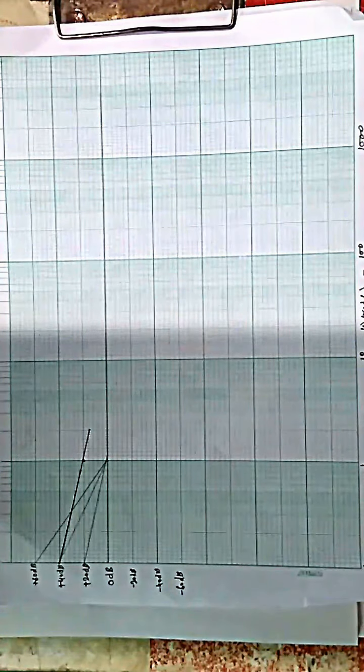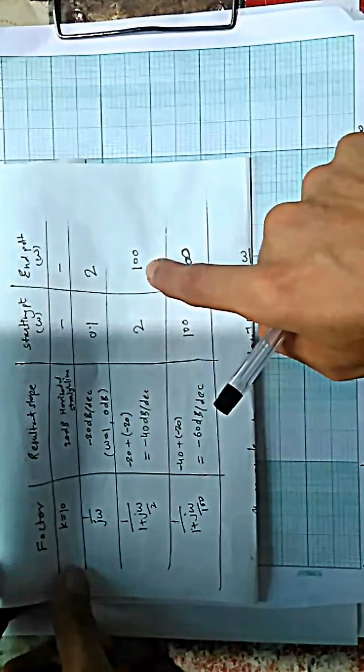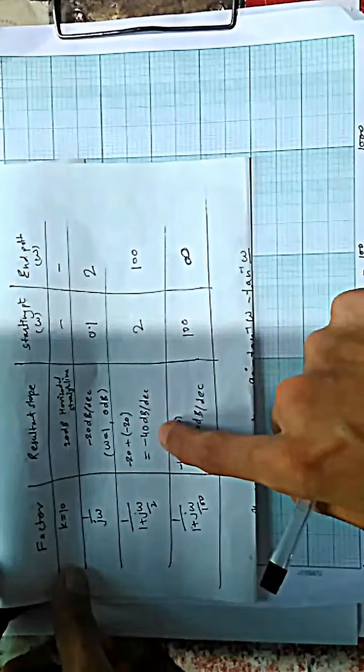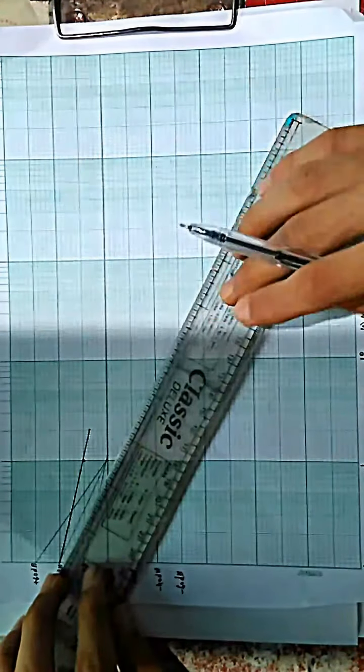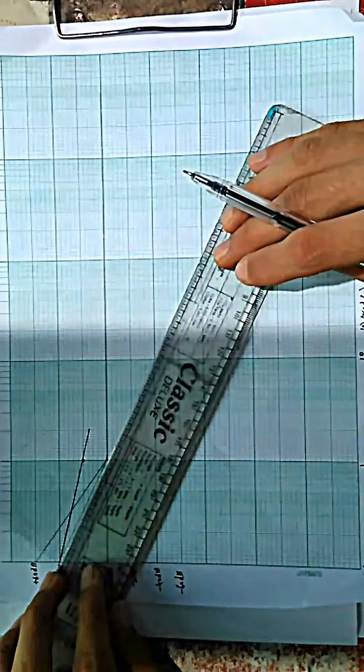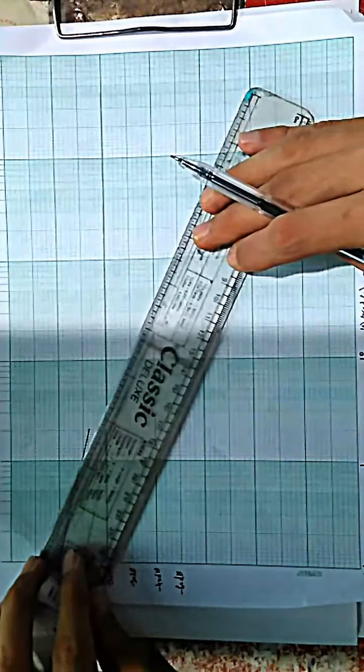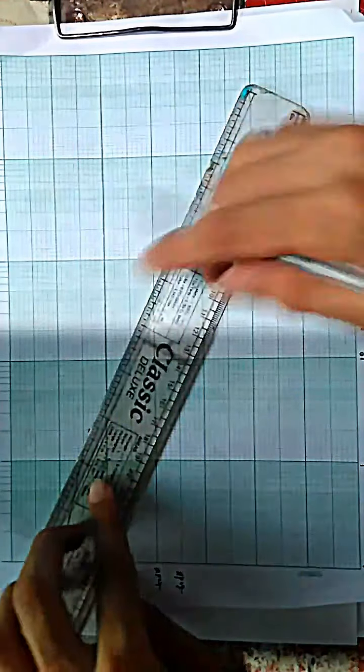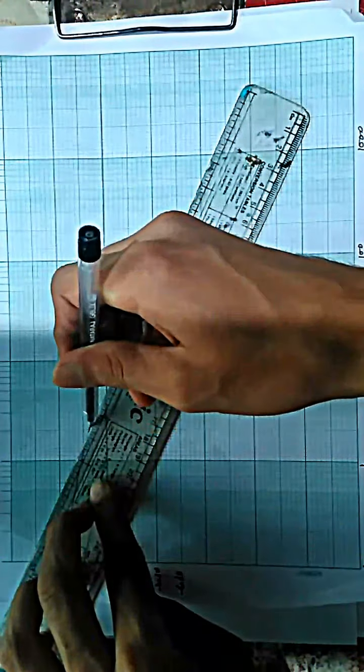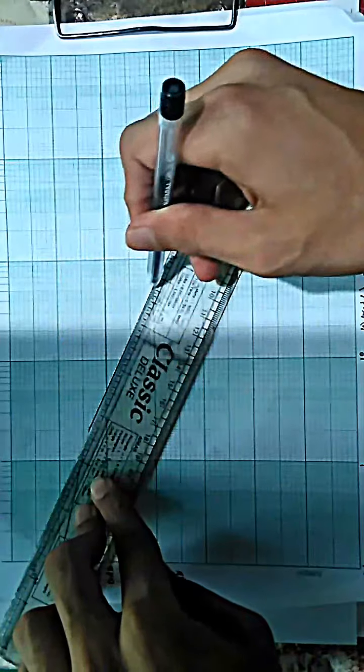Then for the third term, it starts at 2 and ends at 100 radian per second, and slope is minus 40. So take a line parallel to the minus 40 dB per decade line. Starts at 2 and ends at 100.